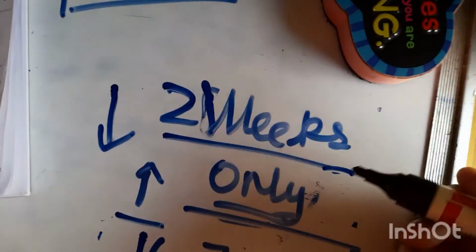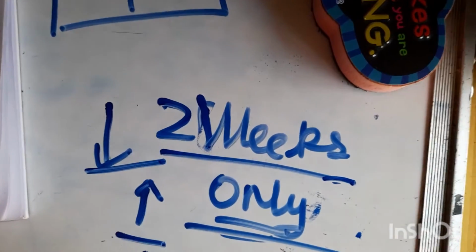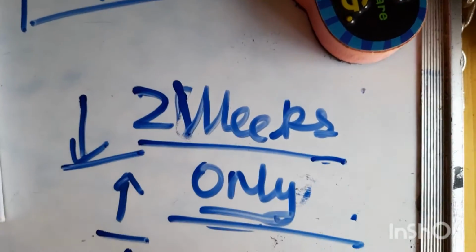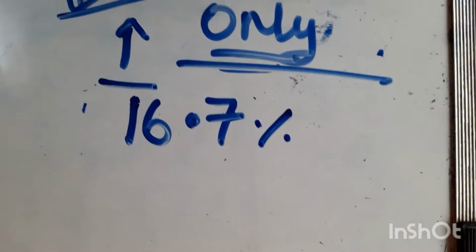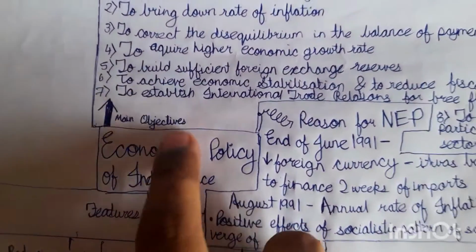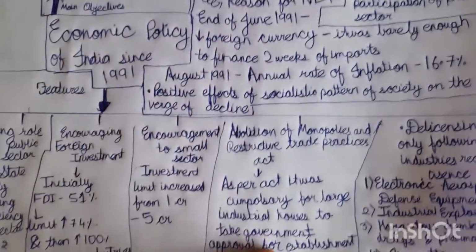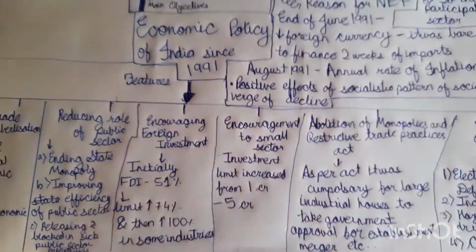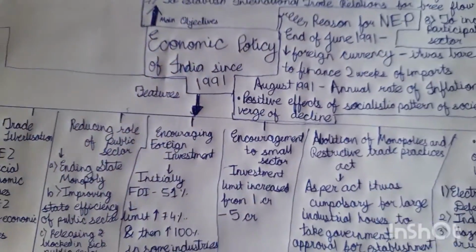The foreign currency had depleted to such a level in the government treasury that there was enough only for the imports for 2 weeks. Annual inflation rate had reached 16.7%. The other points, for example, main objectives, are clearly mentioned in the textbook, and they can only be learned because you can't really understand the definition.